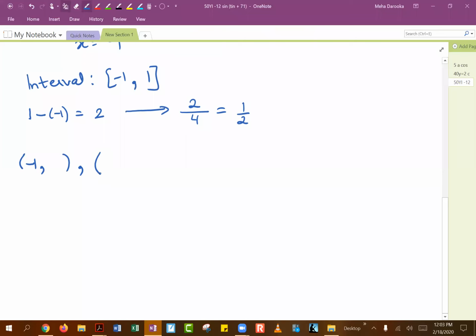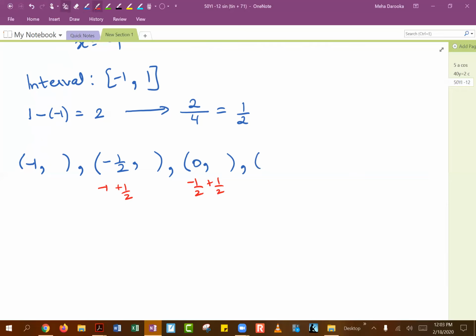So what should our next x value be from here? -1/2, because remember you're just adding half to these numbers. So you're taking -1 and adding 1/2 to it, which will just give you -1/2. And then you're taking -1/2 and adding that positive 1/2 to it, which will give you 0. Very good. So you're actually not going to see pi in your x values for this interval.